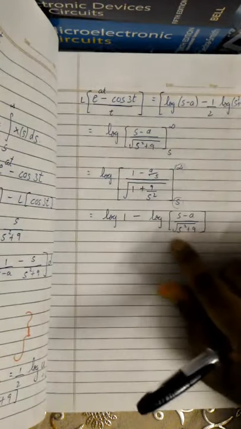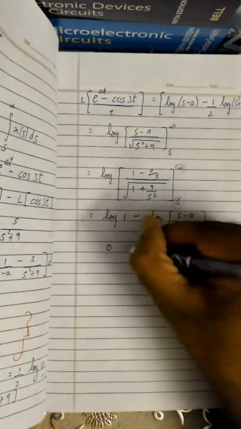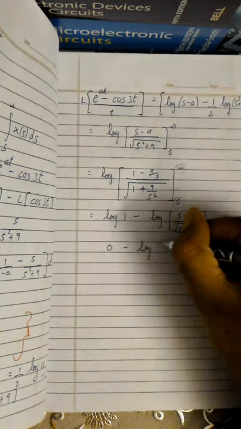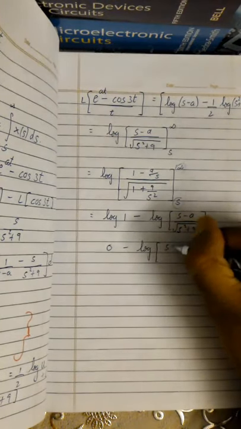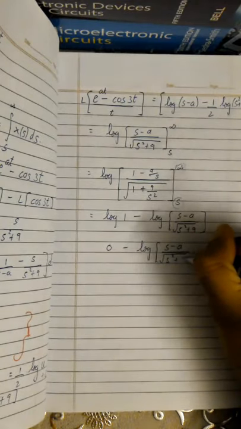Log 1 is 0, so this is 0 minus log of s minus a by root of s square plus 9.